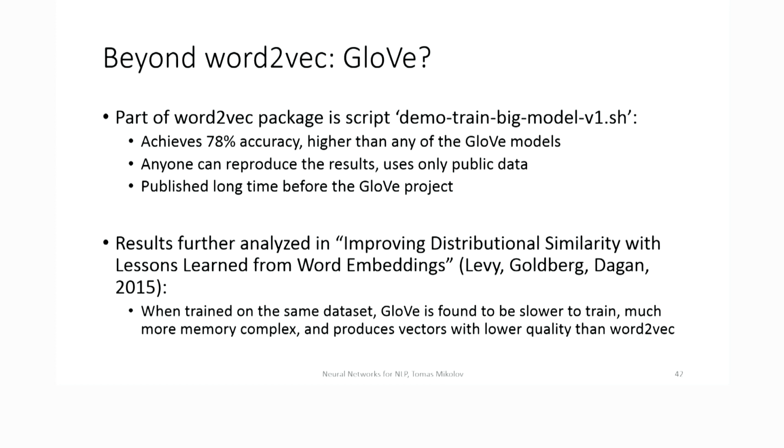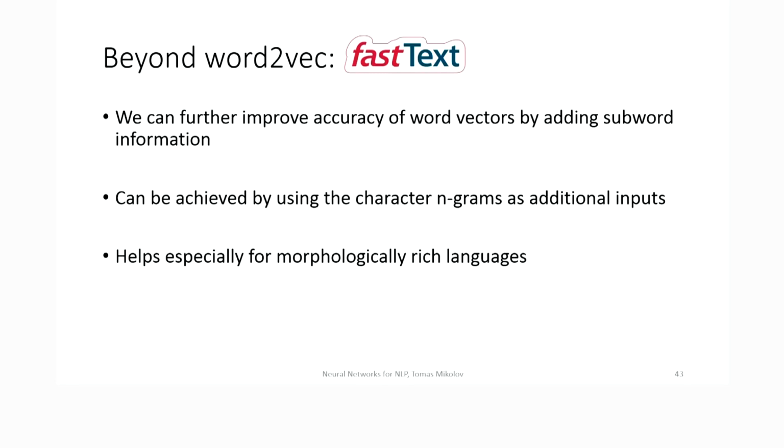So it was kind of annoying for some of us, for example the people working on FastText, that many people in the community still believe that GloVe is the better algorithm. So we wanted to show that with FastText, we are really much better. The FastText library implements Word2Vec and adds, as an improvement, the possibility to also add character n-grams, which means that the word vectors will be able to encode the word structure much more easily.